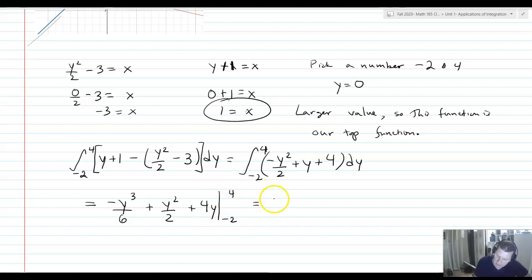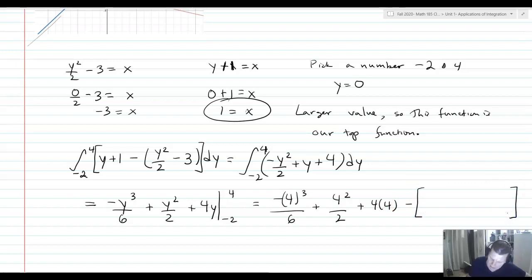This will then be -4 cubed over 6 plus 4 squared over 2 plus 4 times 4, minus, and we'll use the quantity here, -2 cubed over 6 plus -2 squared over 2 plus 4 times -2.